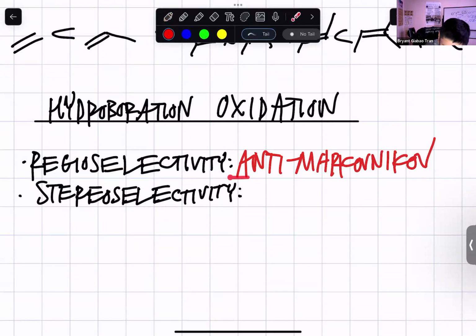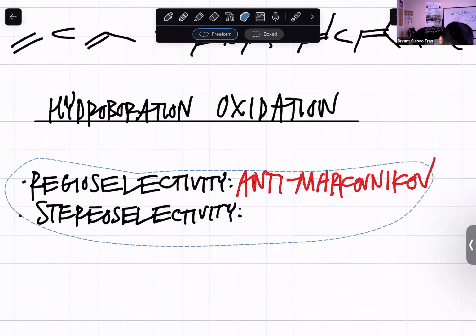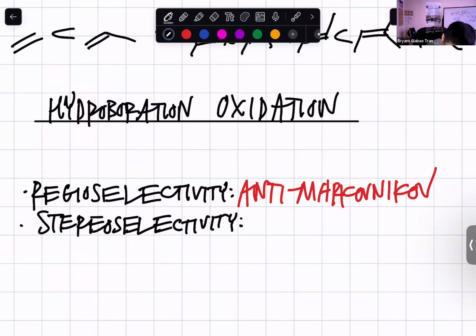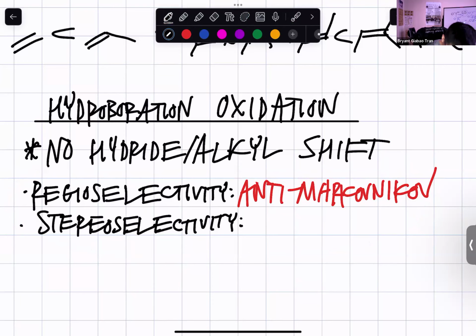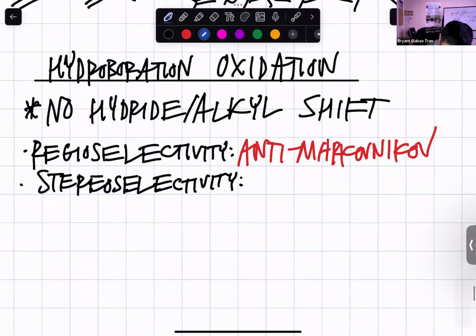That means that the OH group is going to add on the less substituted side of the alkene, right? And in hydroboration oxidation, we do not have to worry about any shifts at all. There's no hydride or alkyl shift. The stereoselectivity is going to be a syn addition.